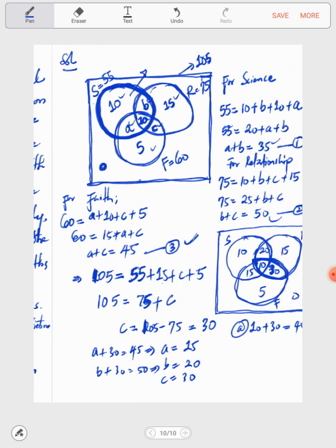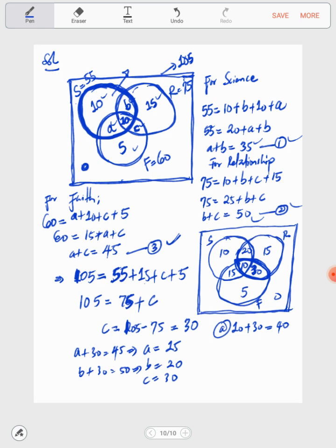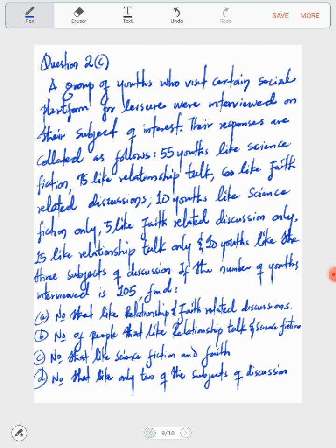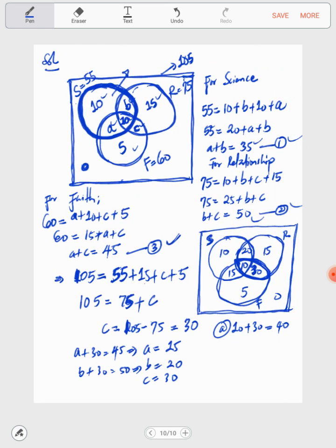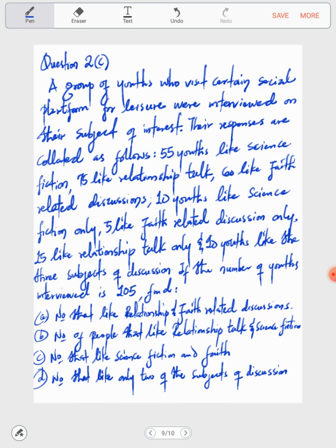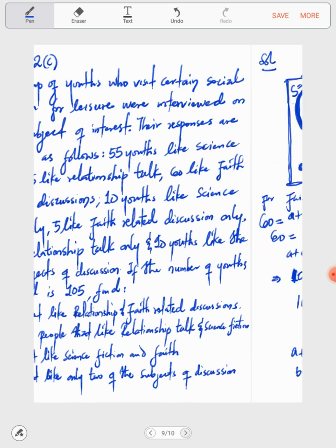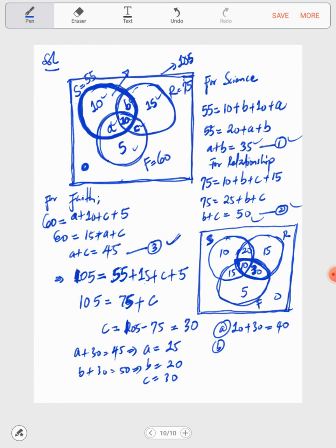So that means they could also love the third part, which corresponds to S. What do we call S again? We said S corresponds to science. Yes, so that's why I added it, because only wasn't included. The number of people that like relationship talk and science fiction will be this and this, all of this again.